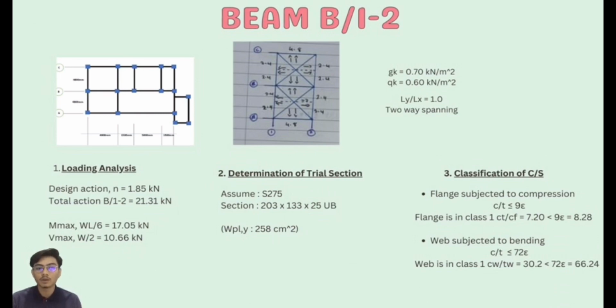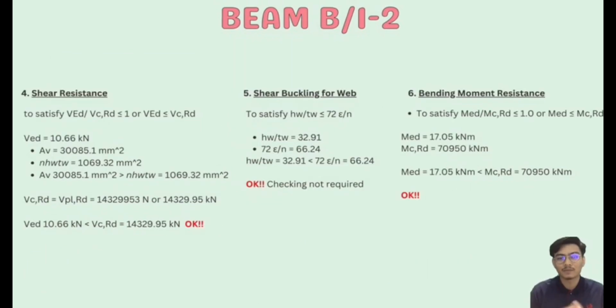For the web subject to bending, CW over TW is less than 72 epsilon. The web is in class 1, CW over TW equal to 30.2 is less than 72 epsilon equal to 6.24.